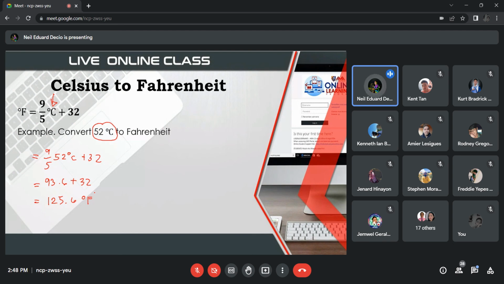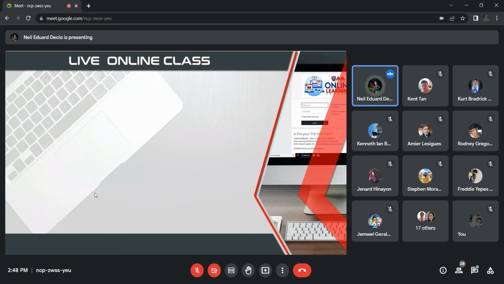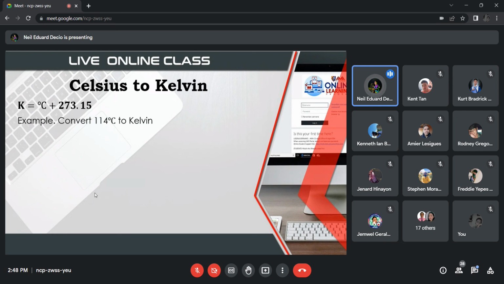Okay. And then let's proceed to Celsius to Kelvin. Kelvin is parang mas malaki in number. But actually, just so you know, Kelvin and Celsius have the same base lang. Mas mataas lang talaga yung value niya, for the reason that they don't want a negative temperature in Kelvin.